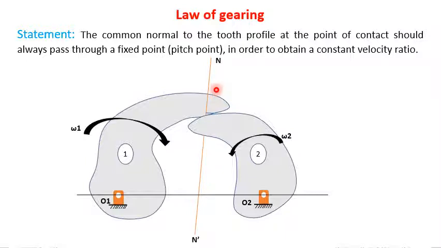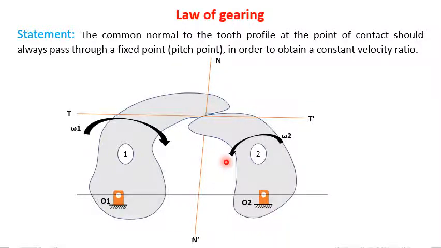Through the same point of contact, I am going to draw the common tangent, which I name T dash. So this is the common tangent and this is the common normal, and they are mutually perpendicular to each other.